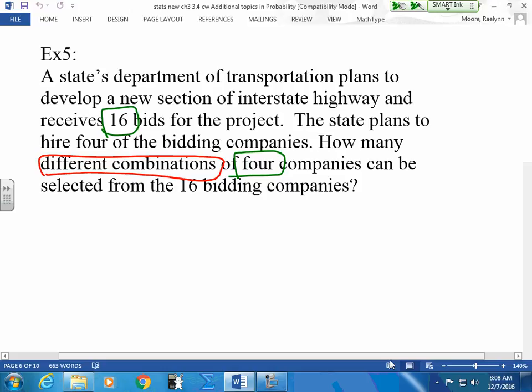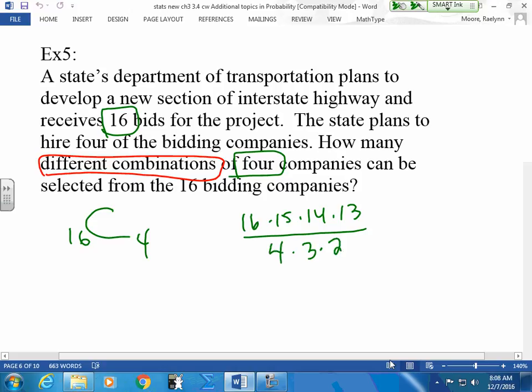So combinations, this is how you start. C. How many do you have to choose from? 16. How many do you want? 4. Okay, put it in your calc. So you can do it this way. 16, 4 down, times 15, times 14, times 13, over 4 factorial. 4 times 3 times 2 times 1. That'll give you the same answer as your calculator will.